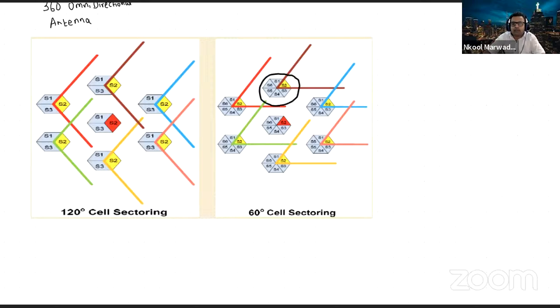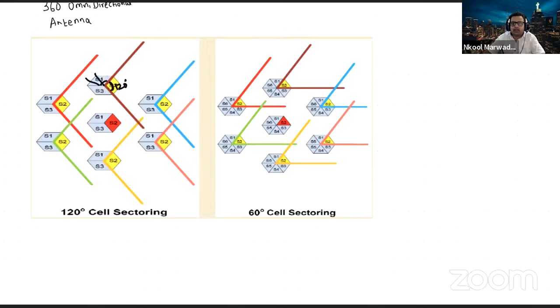If we break the cell into three sectors, we call it 120-degree cell sectoring, because every sector's coverage area will be 120 degrees.